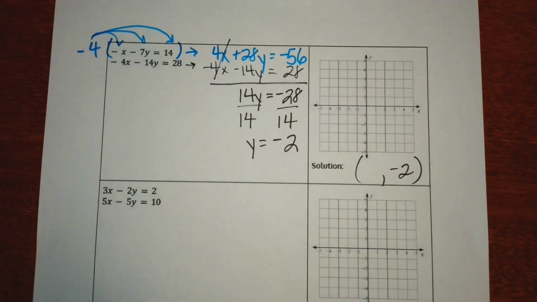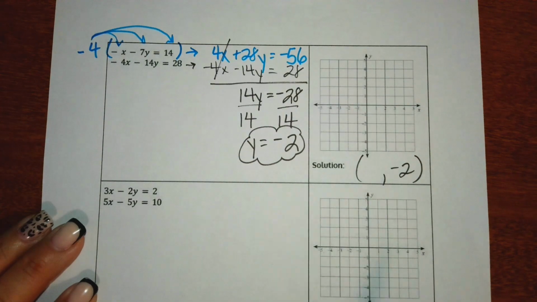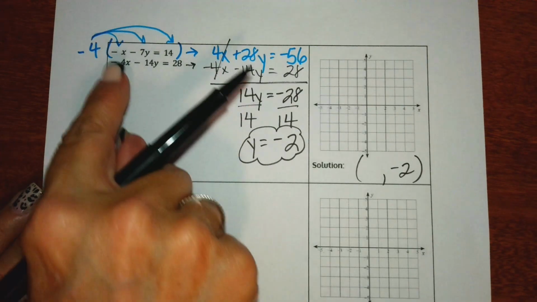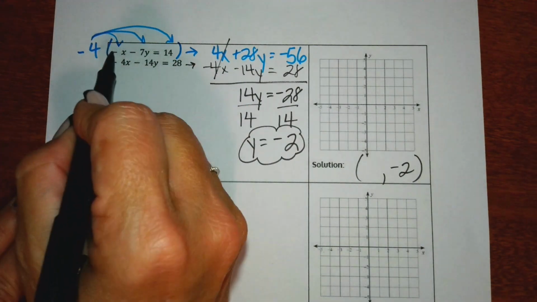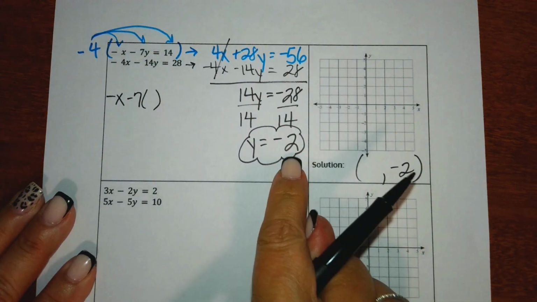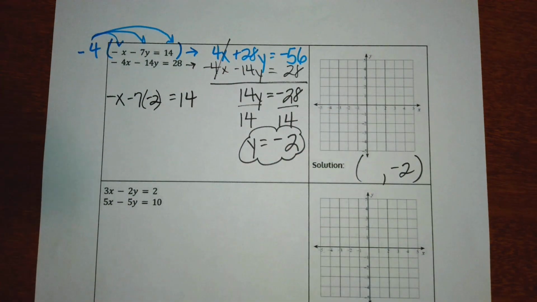Okay, just double checking everything. So now that I know that y is negative 2, I can pick any equation that I want to substitute negative 2 and figure out what the x value is. Does anybody have a preference? If not, I'm just going to go with the top one. So we're going to use negative x minus 7 times negative 2 equals 14.